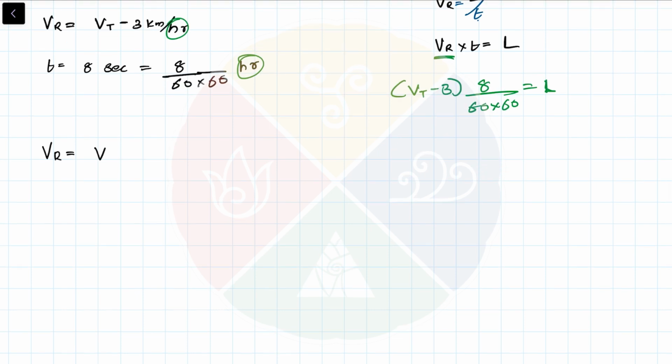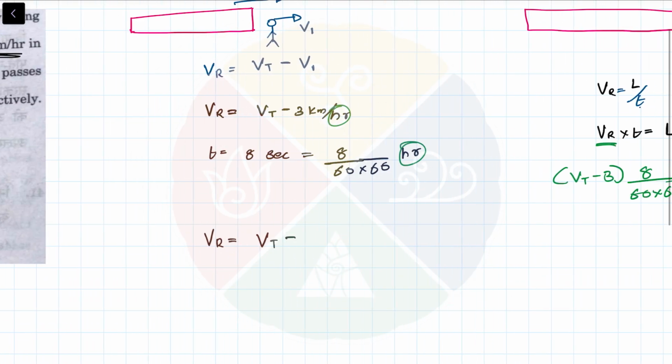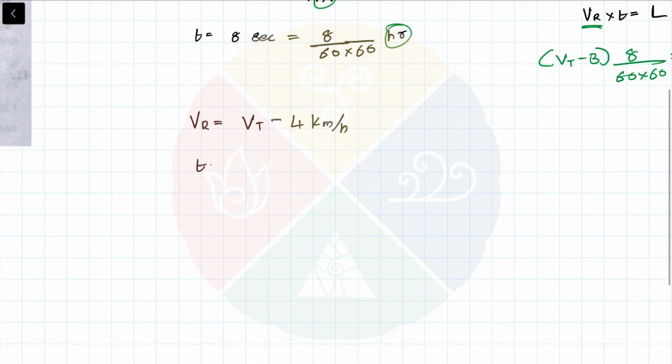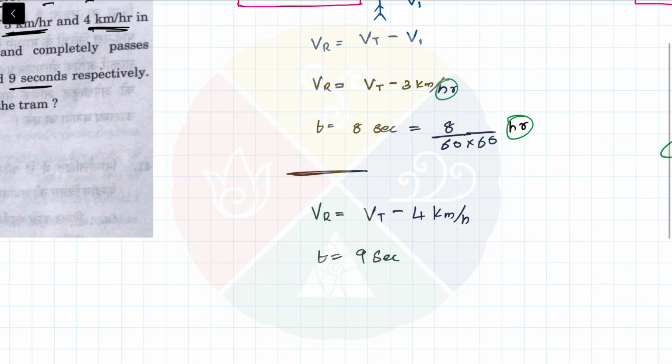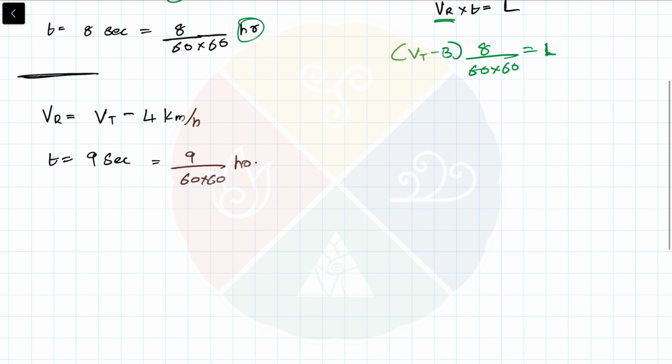The relative velocity will be V of the train minus the second person's speed, 4 km per hour, and the time taken is 9 seconds, which converts to 9 by 60 into 60 hours. Substituting, I get Vt minus 4 into 9 by 60 into 60 is equal to the length of the train.